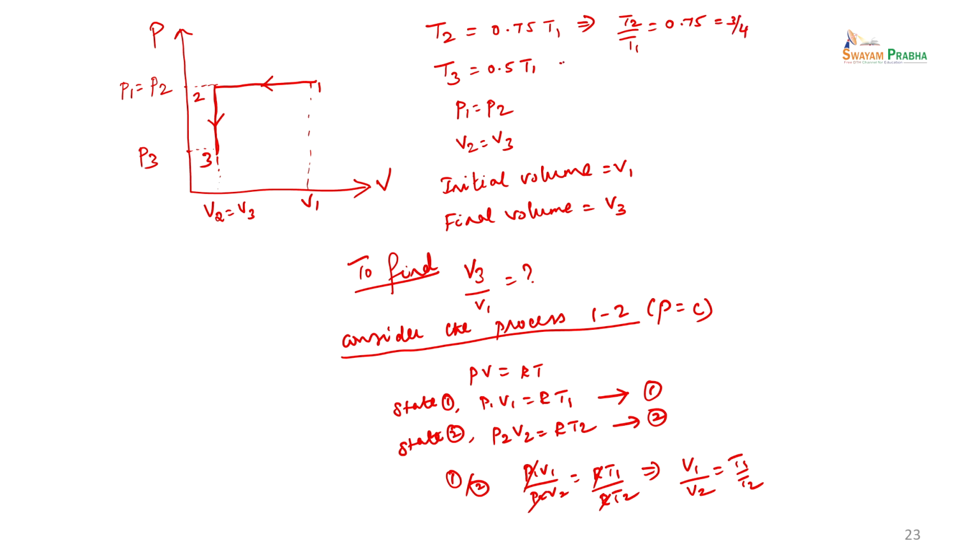Similarly here also we can convert it into a fraction. T3 by T1 is equal to 0.5, and 0.5 is nothing but half, which can be written as 1 by 2. Now from the given data T2 by T1 is equal to 3 by 4, that I am going to substitute here.